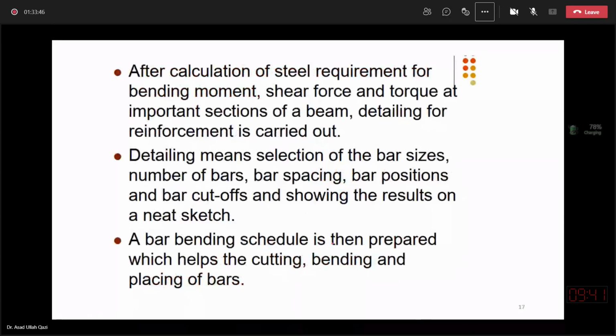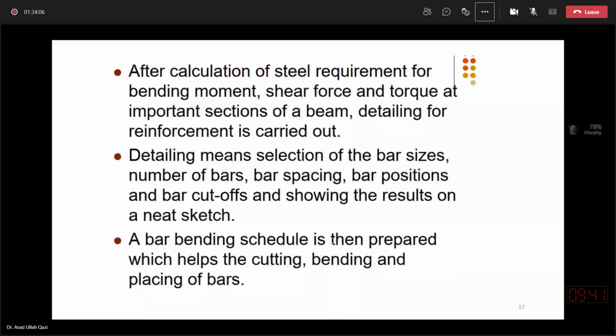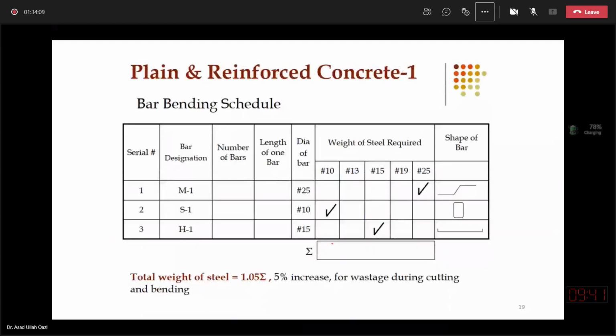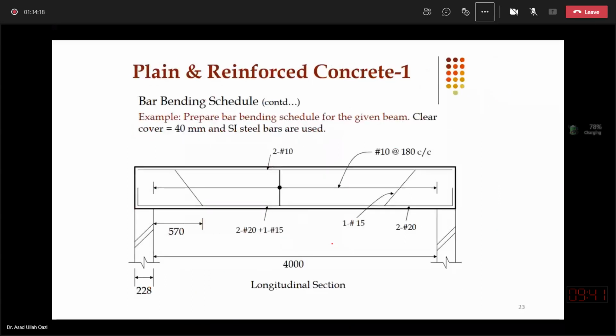So I think I will stop today's lecture at this slide number 17. So I recommend you to please go through the recorded videos, and next time I will discuss the bar bending schedule, how to calculate the weight of the steel from the structural drawings.